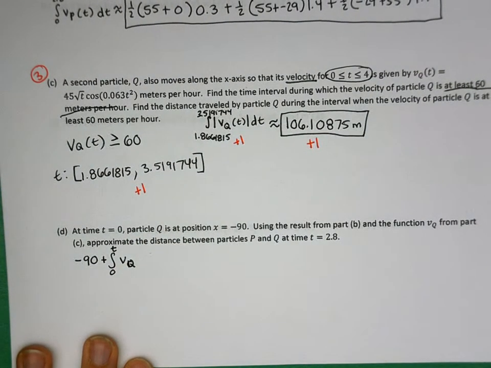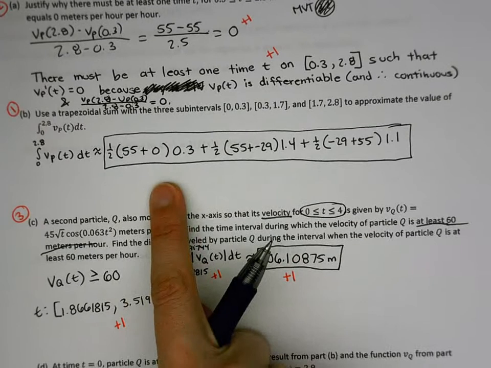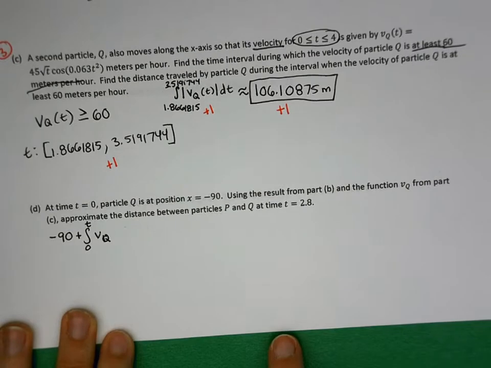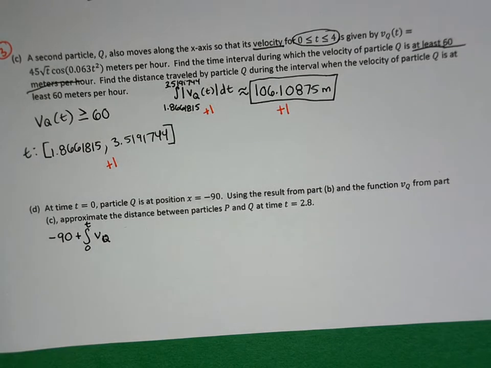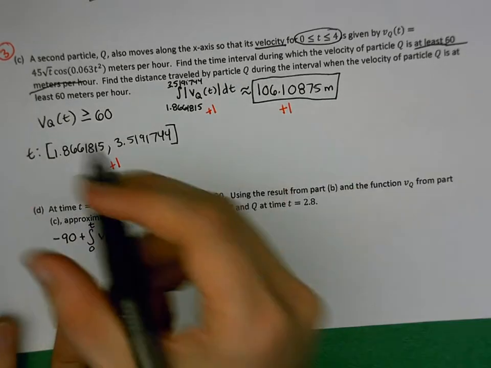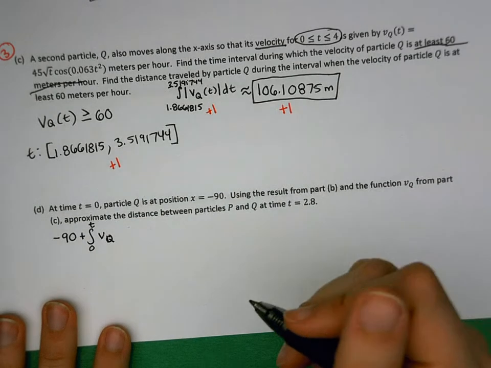Using the result from part B, so this guy up here, and the function v sub q from part C, approximate the distance between particles p and q at time t equals 2.8. Okay, so I need to know where those two particles are so I can figure out what's the distance between them.